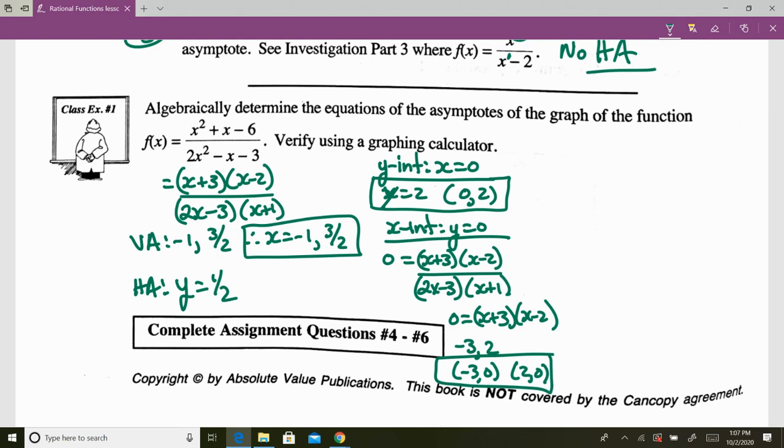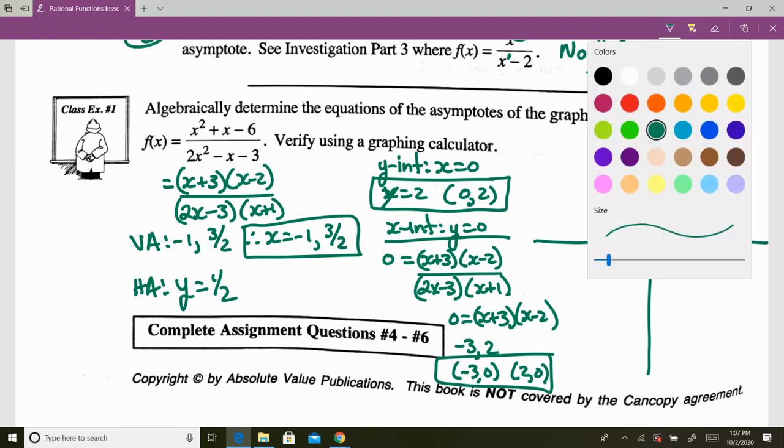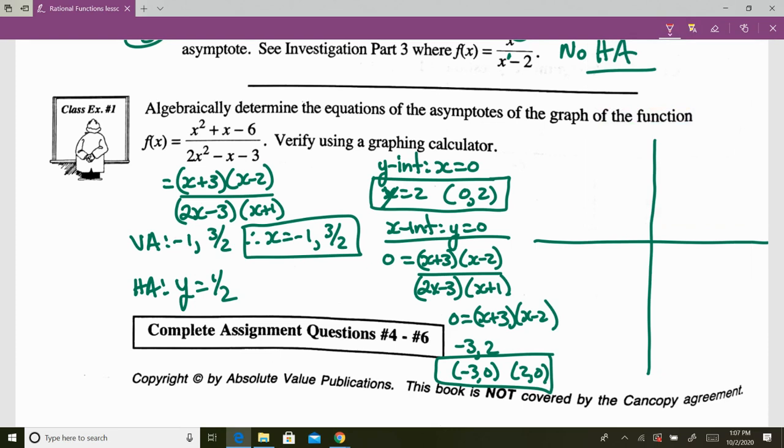So we've got x-intercepts, we've got y-intercepts, we've got verticals, and we've got horizontals. Now we can sketch the graph. So we're going to sketch it right here. Vertical asymptotes at -1, and 3/2, or 1.5. Dashed line there.